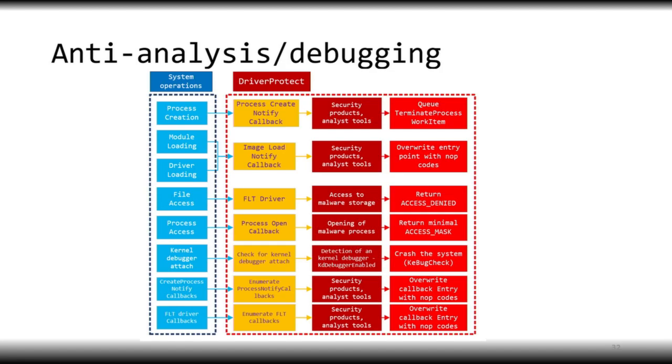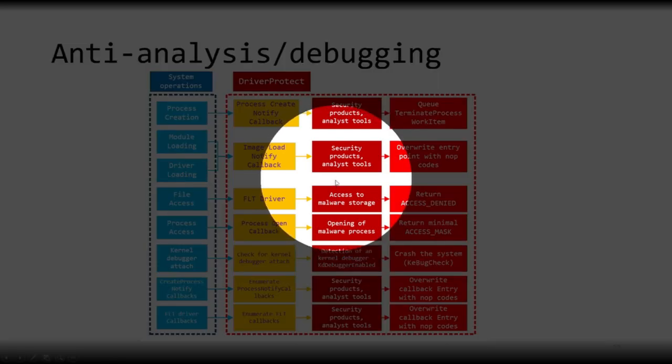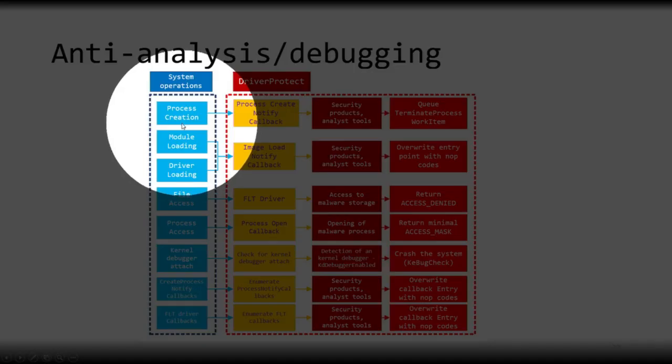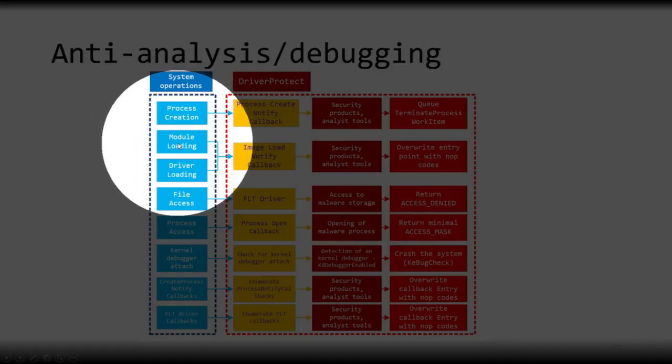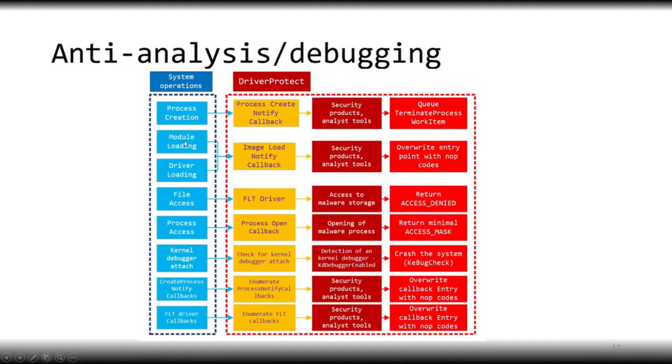So I can go through briefly upon each one of these. Like on the top, there are process creation and module loading, driver loading, system operations. So whenever security product-related processes or some analysis-related tools, for example, WinDbg or Fiddler, come up, then they will hook into this process or image load hook, and they will prevent this process from coming up, actually.